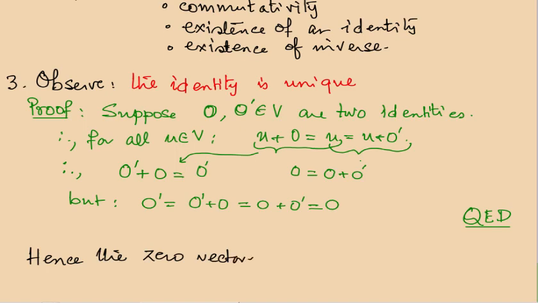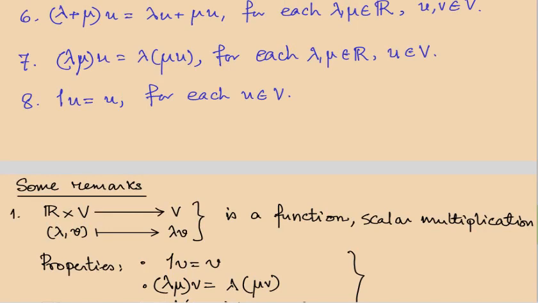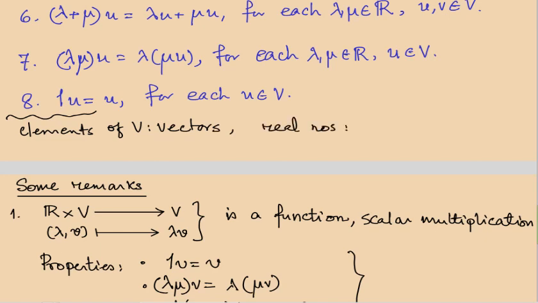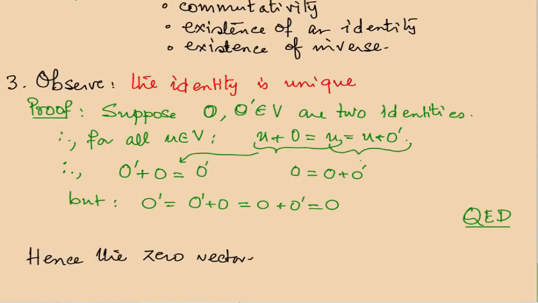By the way, the members or elements of V are called vectors, and real numbers are often called scalars. All right. So hence the 0 vector.